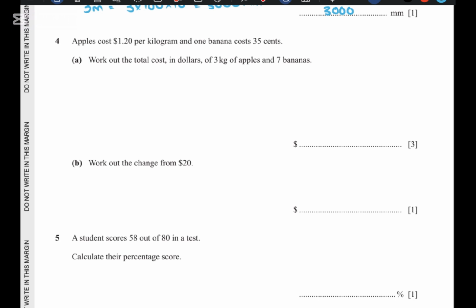Per kg of apples is $1.20. So 3 kg apples will be multiplied with 1.20 to get the value for 3 kg apples. And they are also saying that one banana is costing 35 cents. So now 35 cents cannot be just written like this. You have to write that in the form of dollars to find out the answer. So 7 multiplied, there are 7 bananas. So 7 multiplied by 0.35.